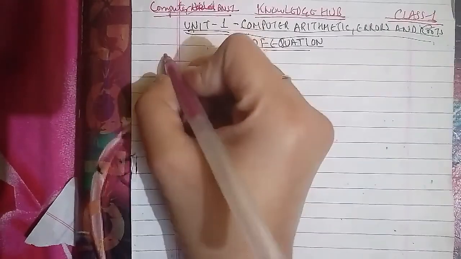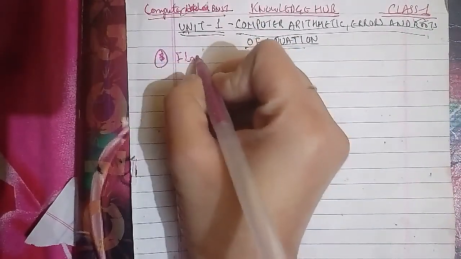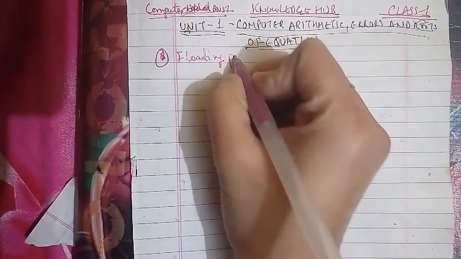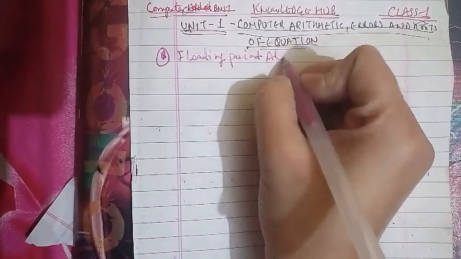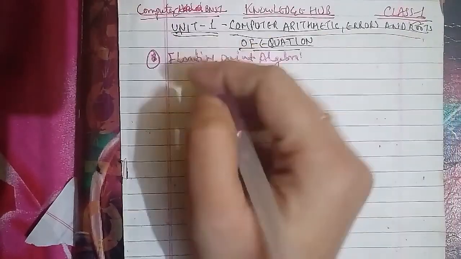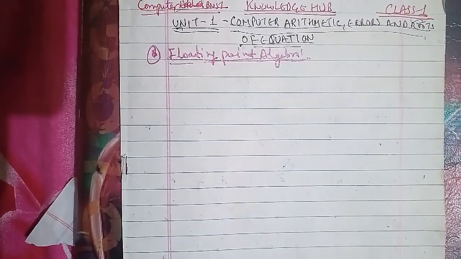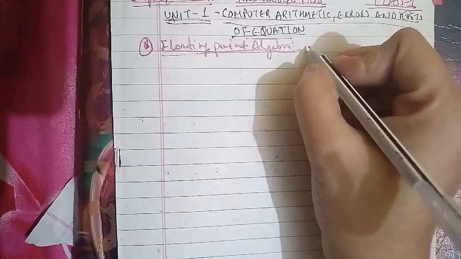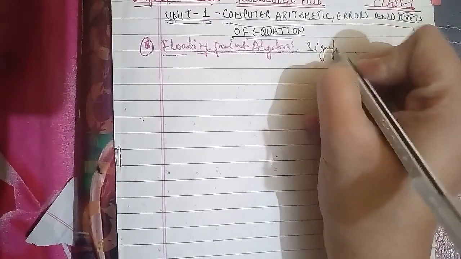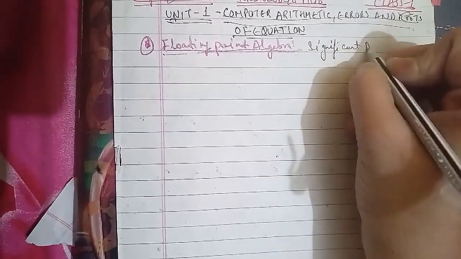So first we'll discuss floating point algebra. In floating point algebra, the first thing to discuss is the significant digit. Significant digits are the numbers of digits that can be used with confidence.